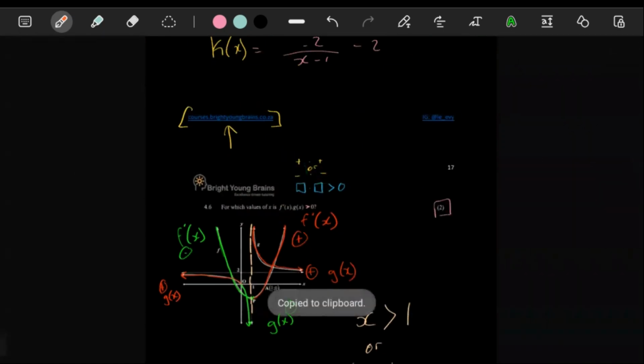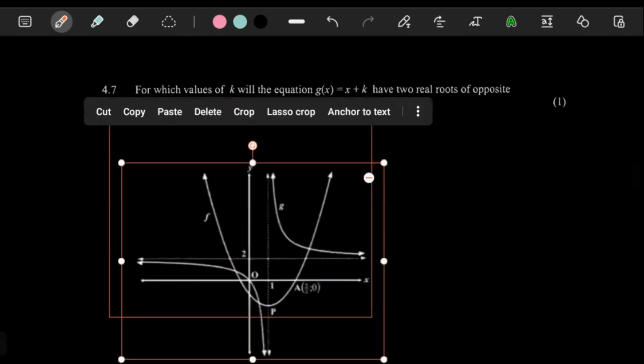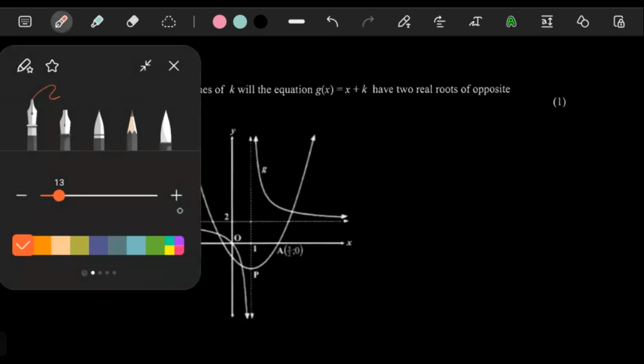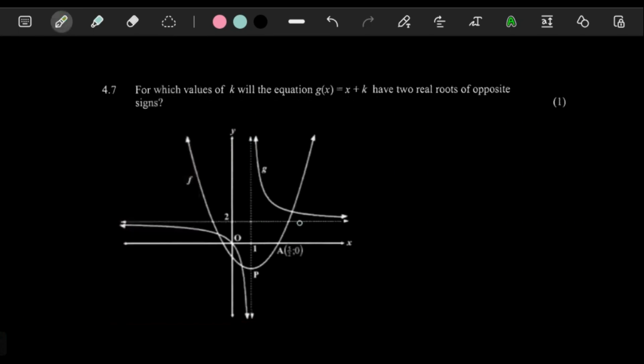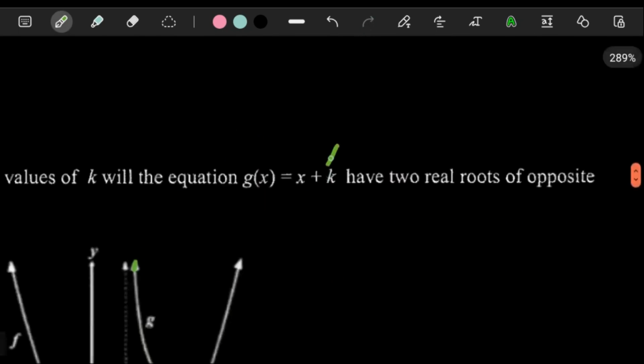So again, if you have properly gone through the functions and graphs course, these questions actually make sense. G is our hyperbola. K is something that moves the graph up or down. It's a vertical shift.